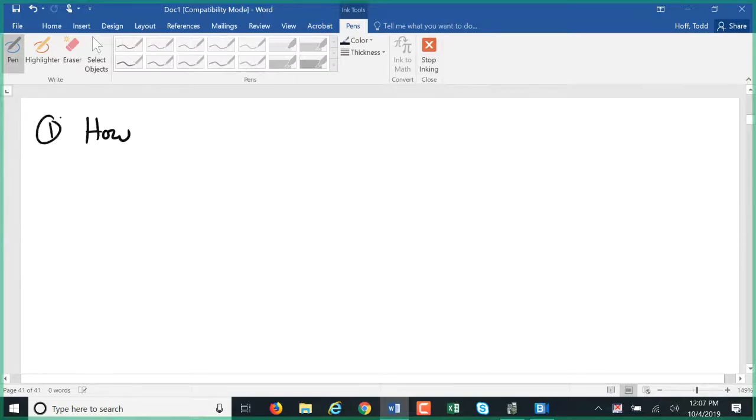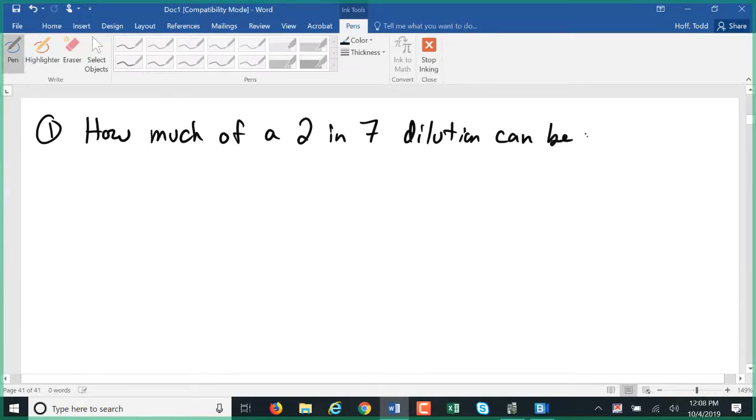So in your notes: how much of a 2-in-7 dilution can be created using 120 milliliters of saline?